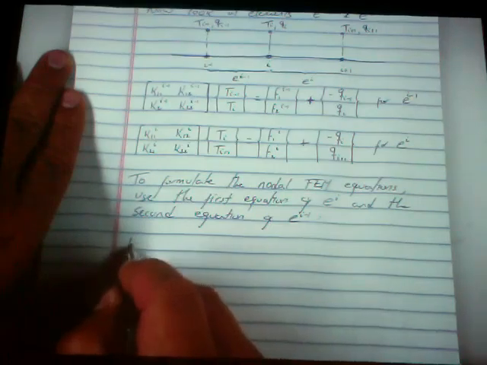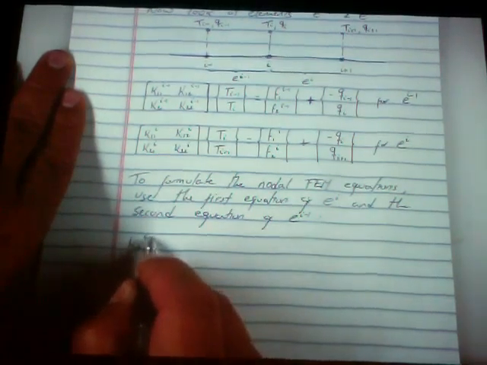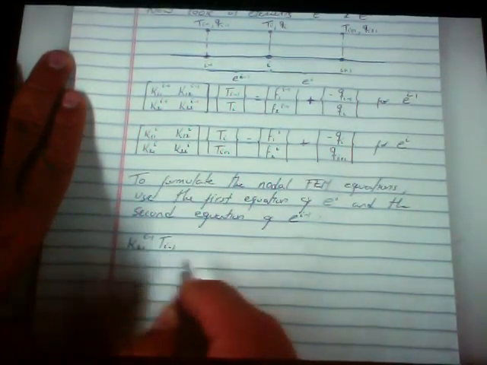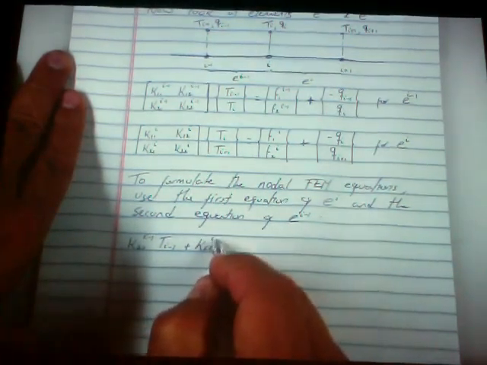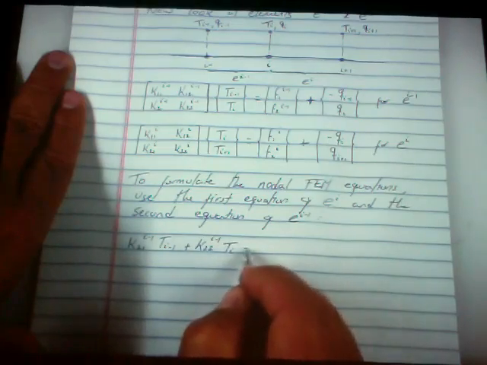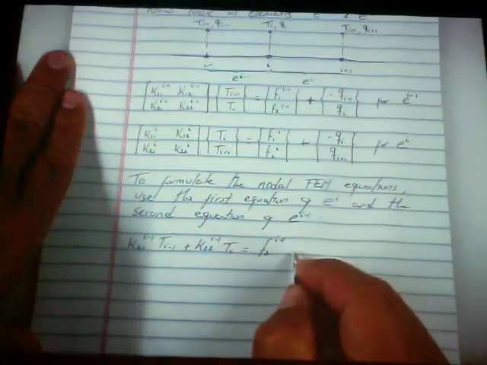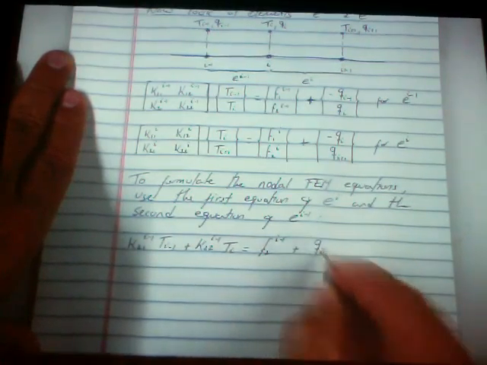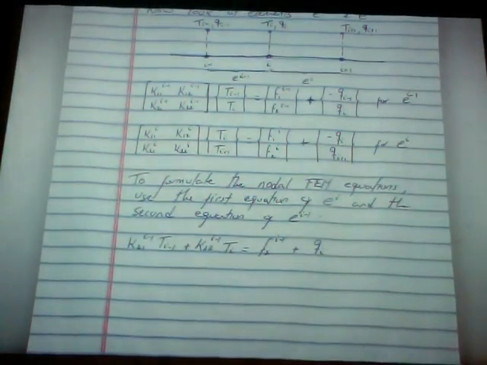The second equation of E_(i-1) is K21(i-1) times T_(i-1) plus K22(i-1) times T_i is equal to F2(i-1) plus Q_i. Everybody agrees with that?